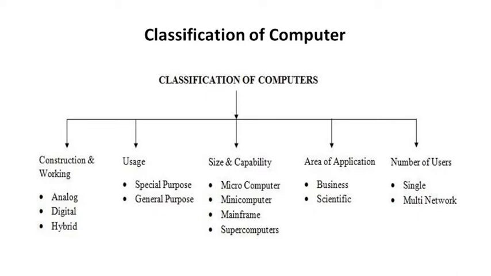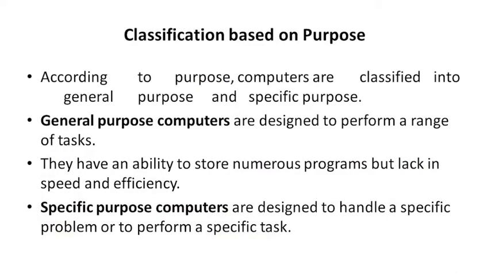Depending upon size and capability, they are classified as microcomputer, minicomputer, mainframe computer and supercomputer. Depending upon the area of application, computers are classified as business and scientific. Depending upon the number of users, they are classified as single user and multi-user network.